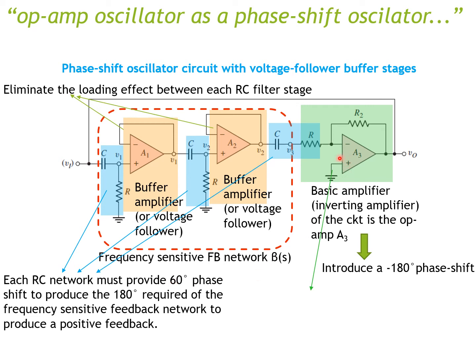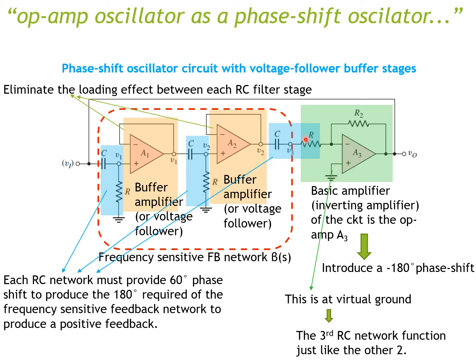Finally, you may say, okay, this RC and this RC look identical, but this one looks a little bit different. Luckily, this op-amp input is at virtual ground, so this node is grounded. That leads to the third RC network, which is this one, functioning just like the other two.